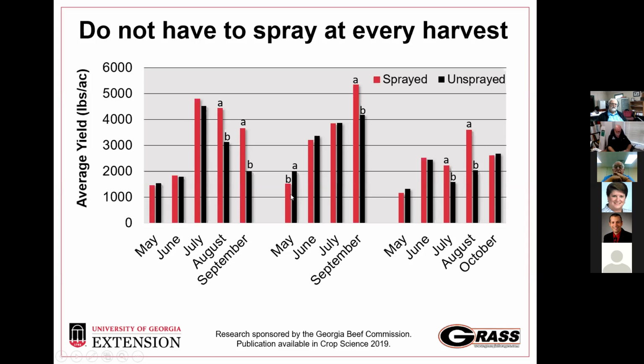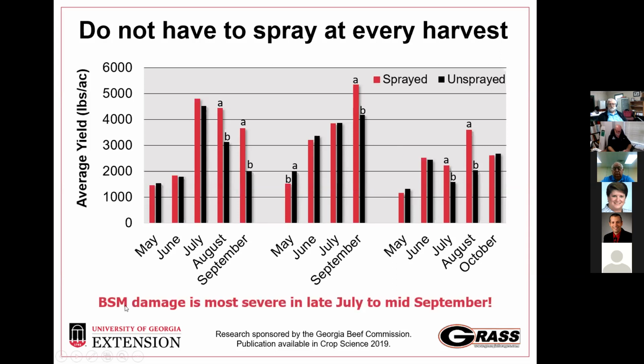There was one case where the unsprayed material was more damaged in May. But most of the damage that's significant occurs in July or afterwards. The damage is most severe from late July to mid-September.